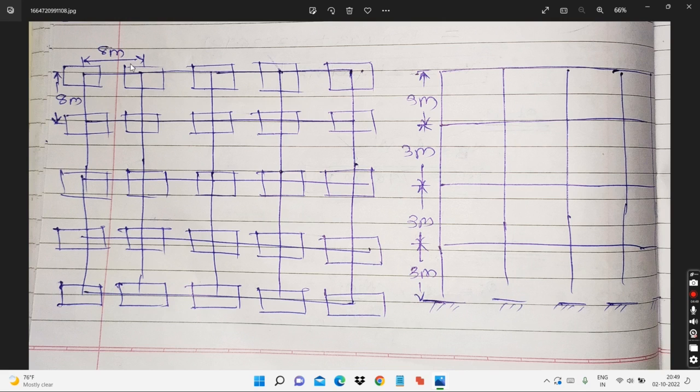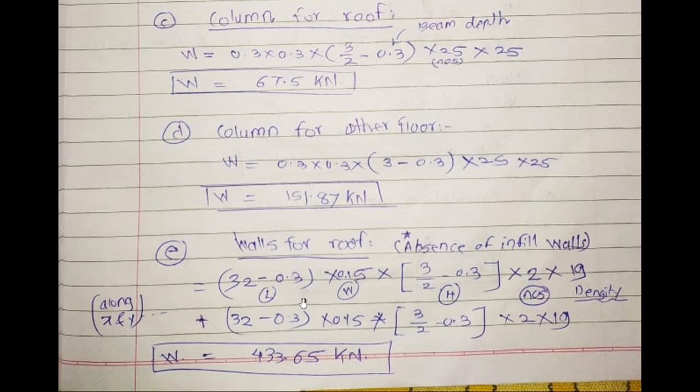This 0.3 by 2 and 0.3 by 2 will be subtracted, and the next calculation is to be done, so that overall 0.3 is taken out. This will be the length. For width, this 0.15 is the given thickness of wall, and next 3 by 2.